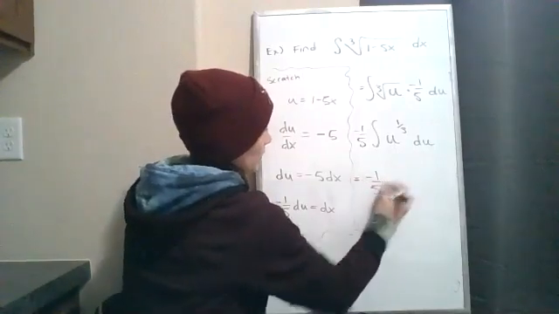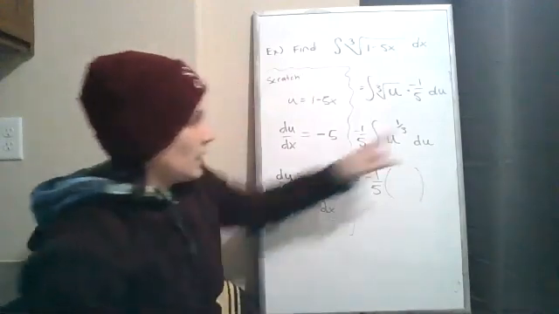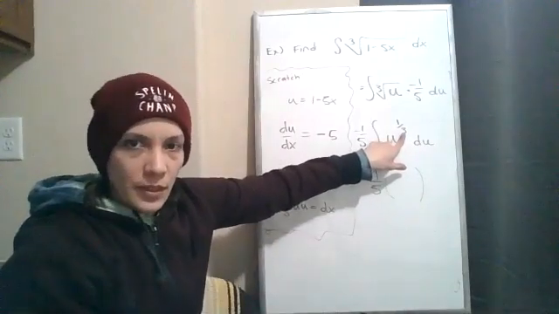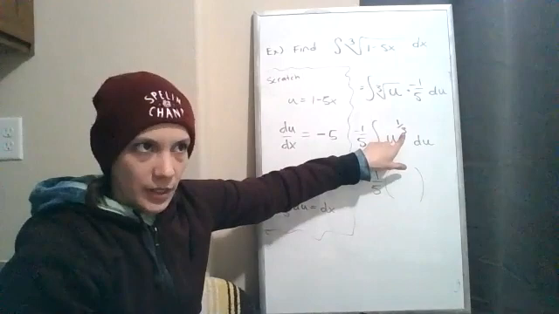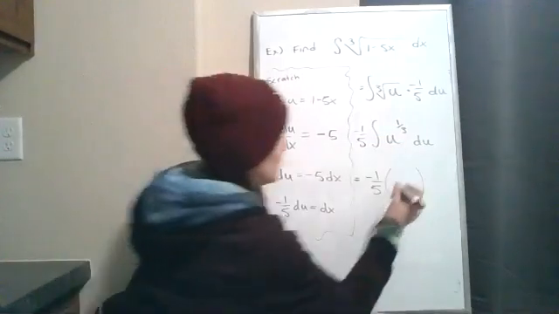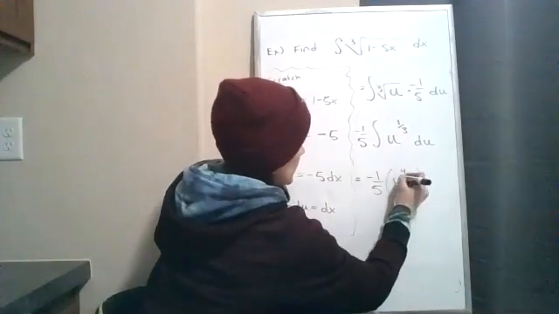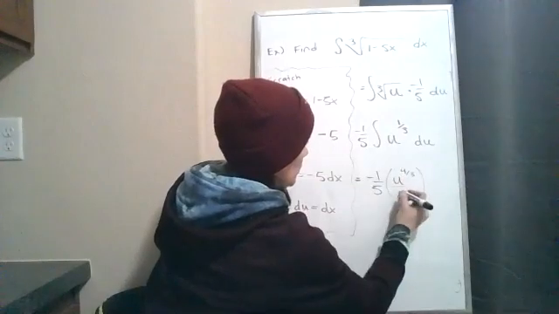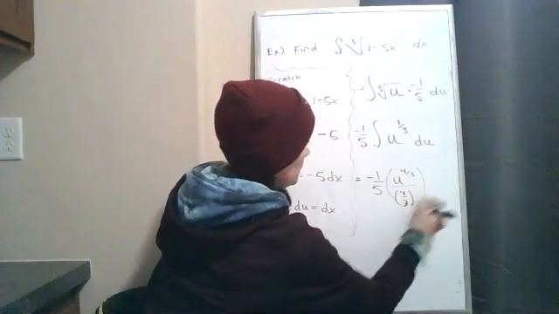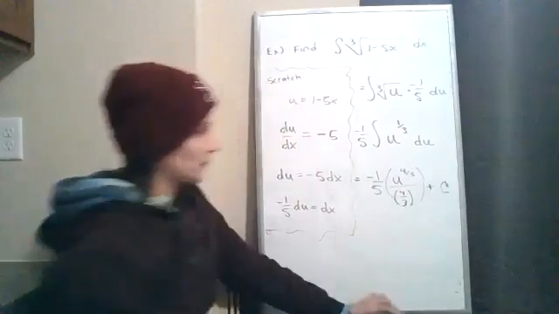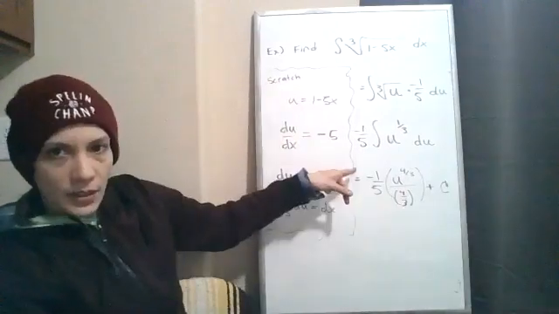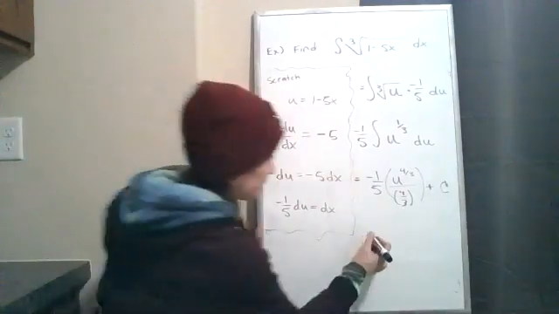Negative 1/5 times, so let's see, 1 plus 1/3, or 3/3 plus 1/3 would be 4/3. And this is over 4/3 plus c. So 4/3 times negative 1/5.